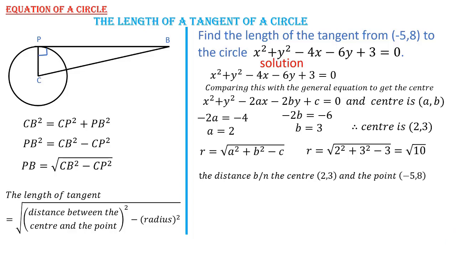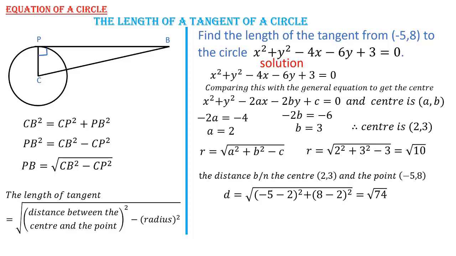The distance between the center and the point, we know how to find the distance between 2 points, right? That's the square root of x2 minus x1 all square plus y2 minus y1 all square. Yeah. So now we know our x2, our x1, let's substitute. So our distance is root 74.